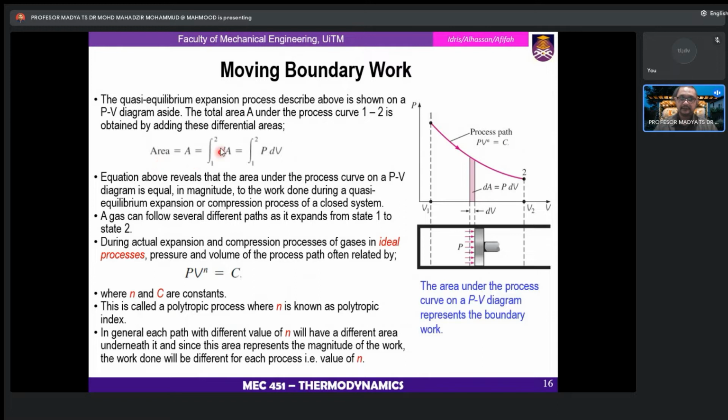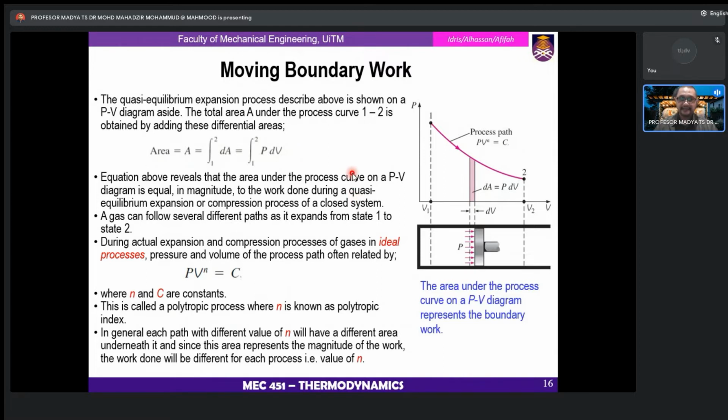So the area is the integral of dA, where dA equals P dV. We know that the area is dV times pressure P. So the equation above reveals that the area under the process curve on the PV diagram is equal in magnitude to the work done during the quasi-equilibrium expansion or compression process of a closed system.